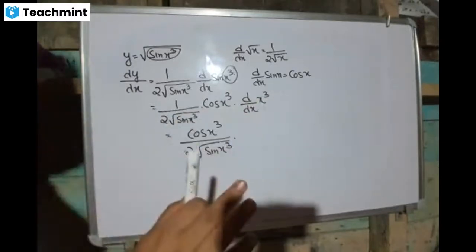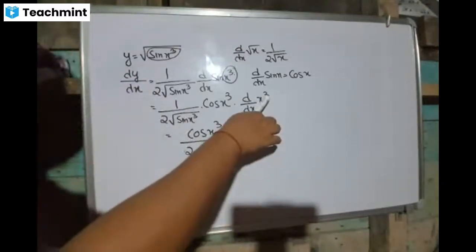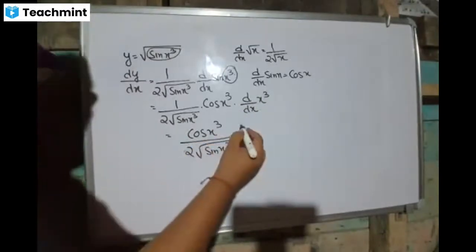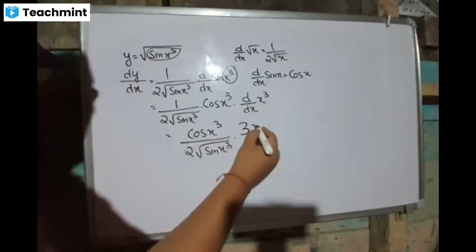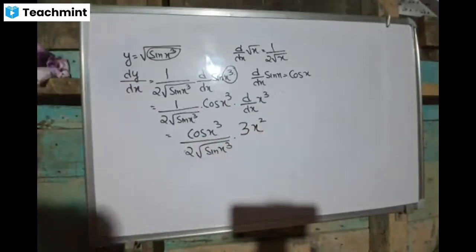So no more assumption. This is a direct or standard function. So what's going to happen to this 3? 3 comes in front and you get x squared. So this is how you differentiate a function which had to be differentiated 2 times by assumption.